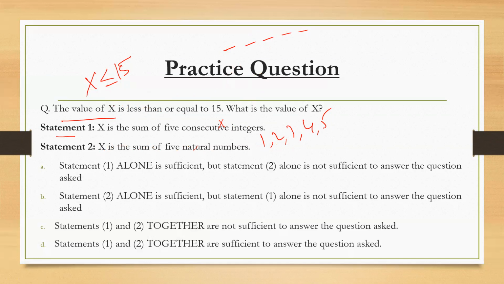So I'm taking the first 5. Okay. Can I take 2, 3, 4, 5, and 6? Can I do this? Will this satisfy my condition? Because when I add them up, it will be greater than 15. Okay. So this is one possibility. Are you getting everyone what I'm saying?